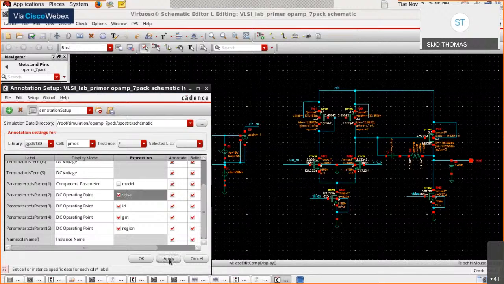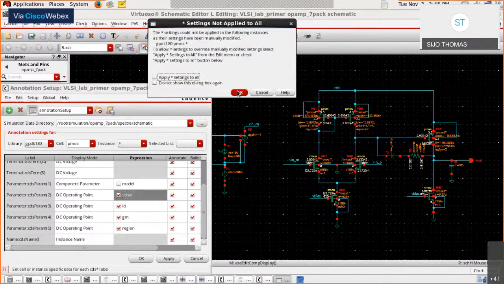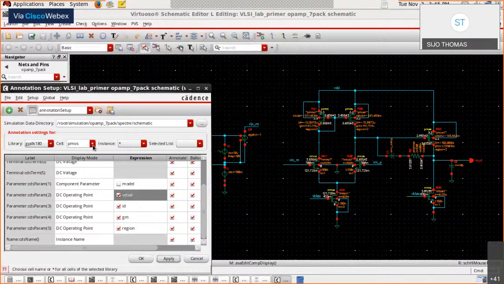Now change the cell to PMOS. No, wait a minute. Change it to NMOS. We want it to get highlighted for NMOS also.